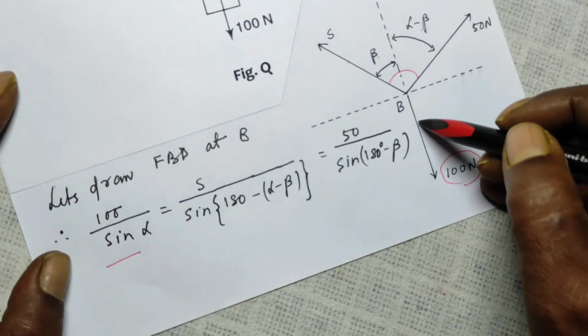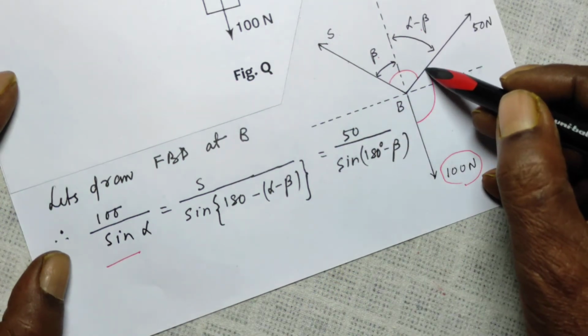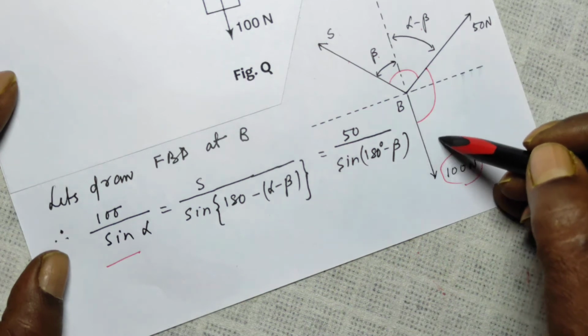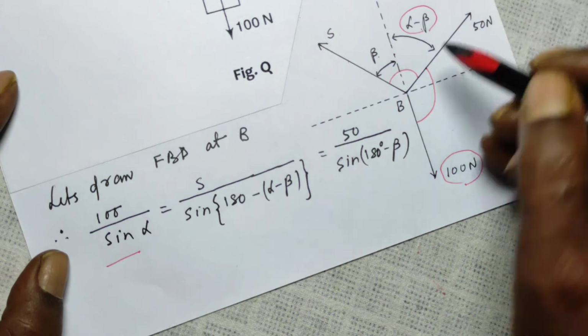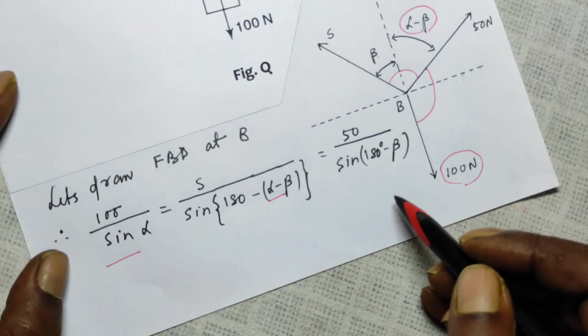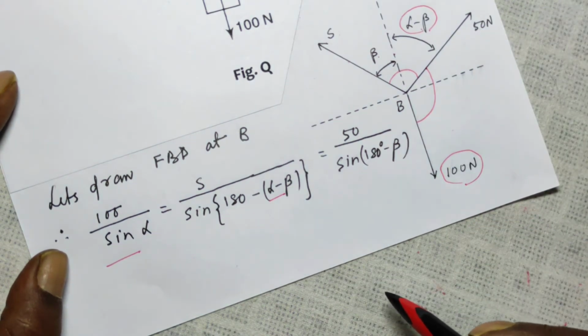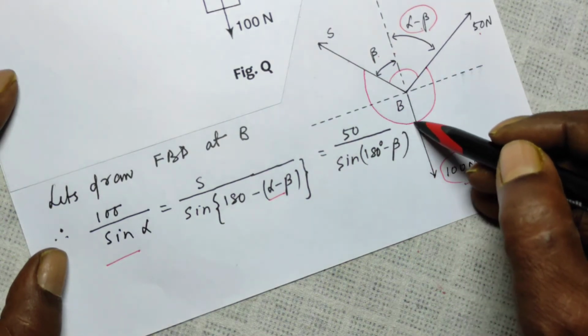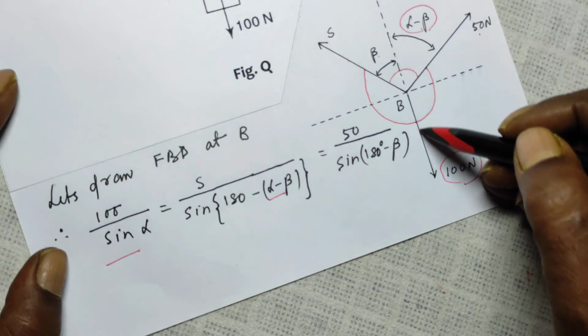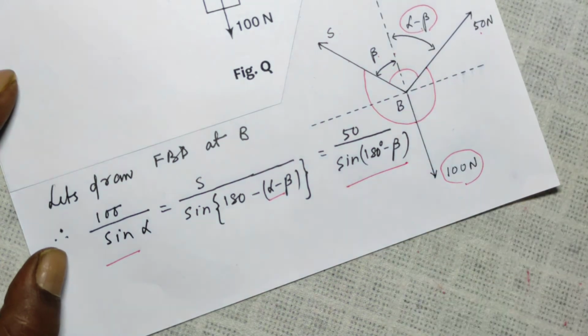Then S over sine of the angle 180 minus alpha minus beta, equals 50 over sine of this angle, which is 180 minus beta.